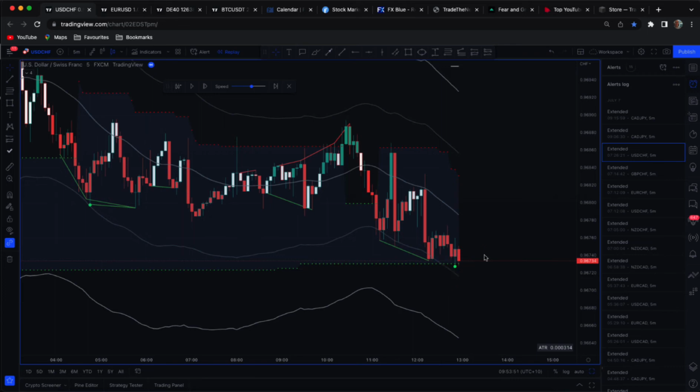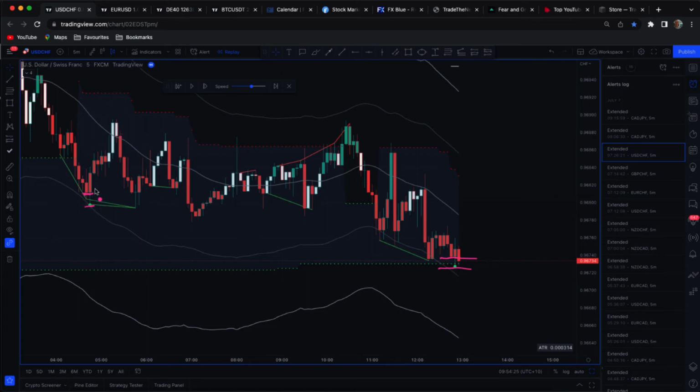Now, the rules of entry. We're looking to get involved here anywhere from, look at the candle bodies, draw a line, and the high or the low. That's your entry zone in there. See over here, candle bodies?